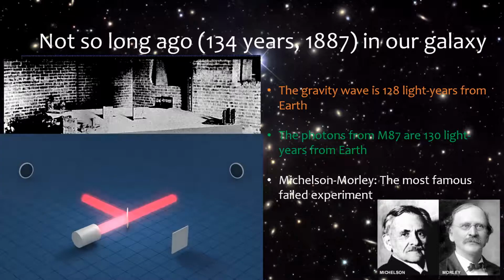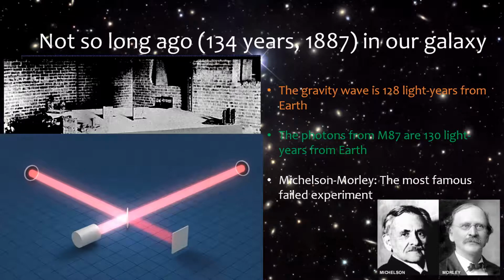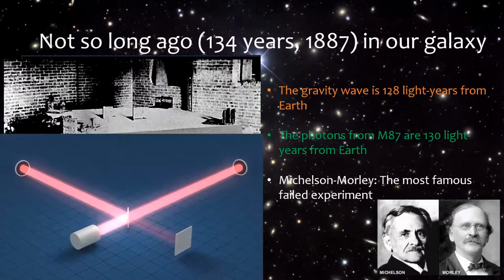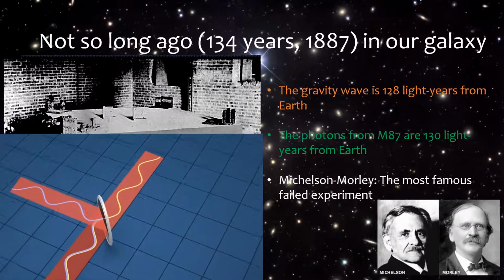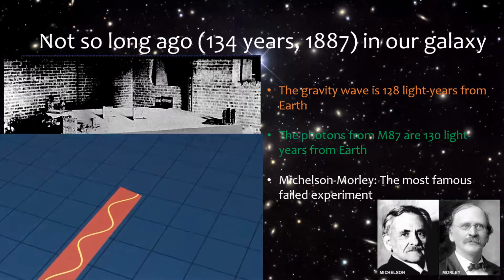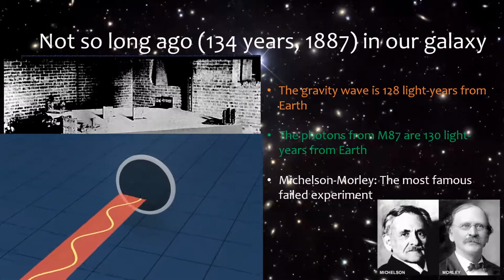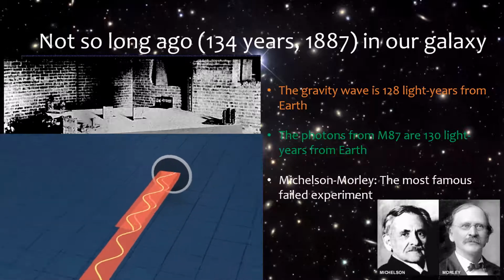Light emerges from a source and hits a piece of glass that is half silvered, half transparent, in a way that lets half the light through and reflects half the light at, say, a 90-degree angle. The two beams of light, since they were part of the same beam, are in sync as they travel toward the mirrors.